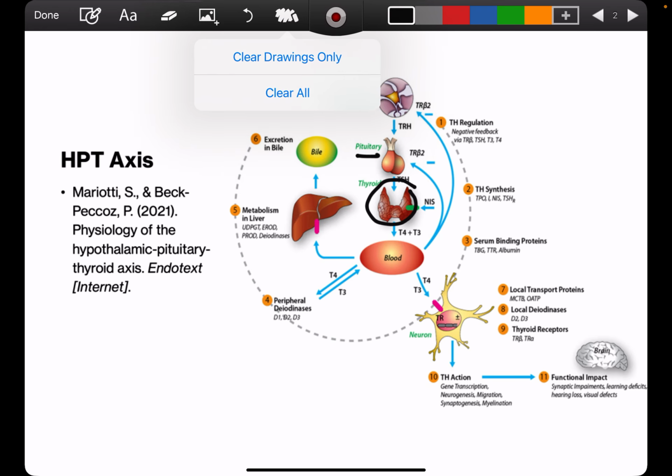It is a combination of genetic and environmental factors. In developing countries, it's more of an iodine deficiency, since the thyroid uses iodine to make its thyroid hormones. And it is the most common cause of hypothyroidism, so the low amounts of T3 and T4.